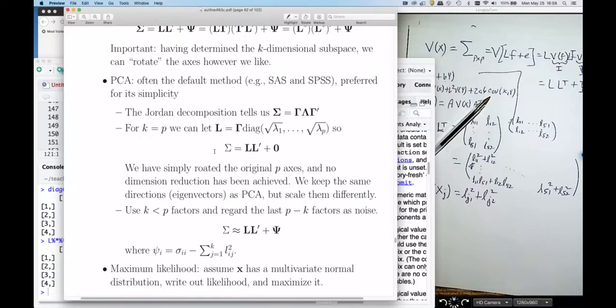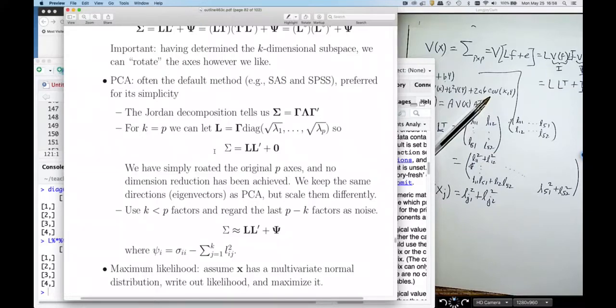So let me just mention that this is a holy war. There have been more articles written about the virtues of one approach versus another over the past half a century or so than, I won't say any other topic in data mining, but this is certainly towards the top.